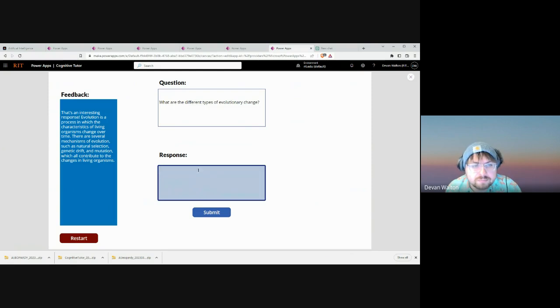So we could say natural selection. And then it says, great job. Natural selection is a type of change. One is a key mechanism of driving evolution. Other types include genetic drift, migration, mutation.